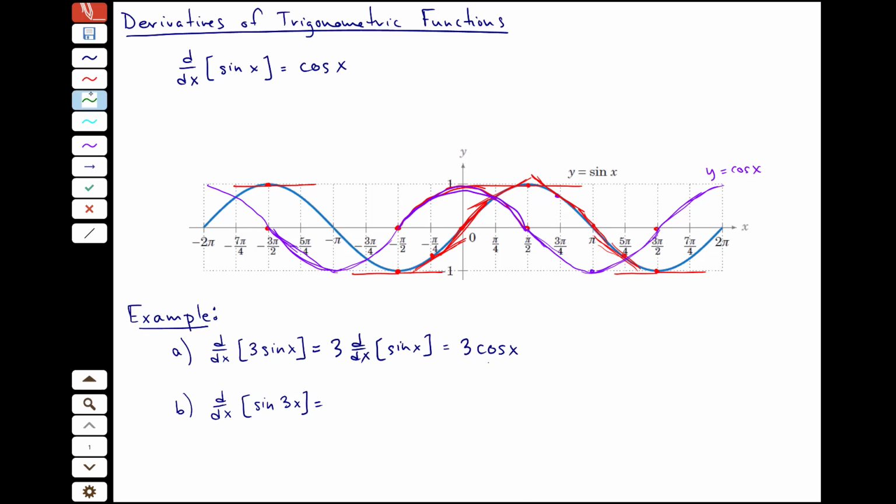So this function, 3x, is an inside function, g of x, and so I know the derivative of sine of 3x is going to be the derivative of sine, which is cosine, with this inside function, 3x, plugged in, and then times the derivative of that inside function, 3x, using the chain rule.